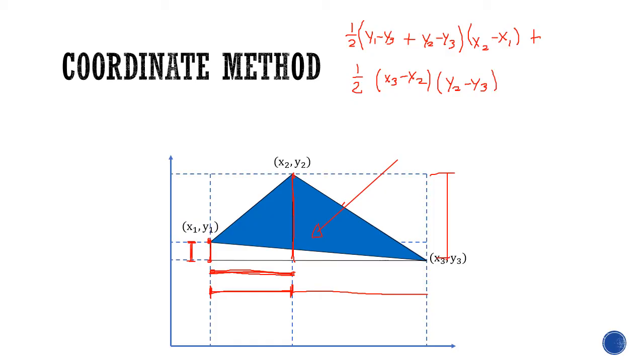Diba? Tapos, nakuha na natin yung sum. Tapos, ibabawas naman natin itong triangle sa ilalim. Minus 1/2. Base of the triangle ay equal to x3 minus x1. Yung height niya is y1 minus y3.